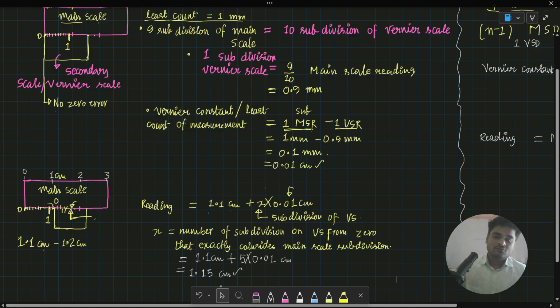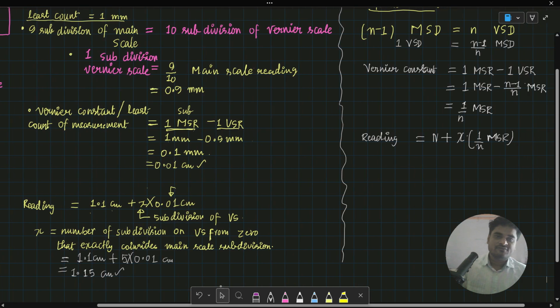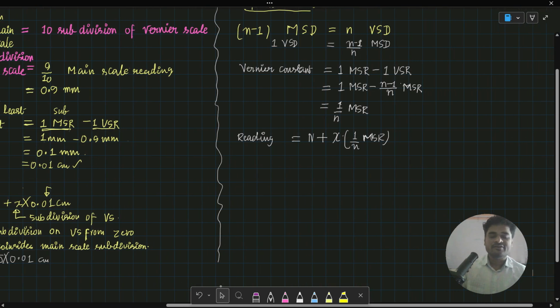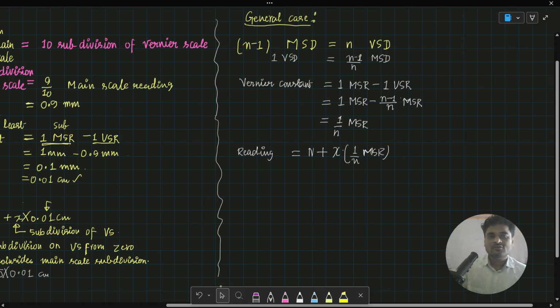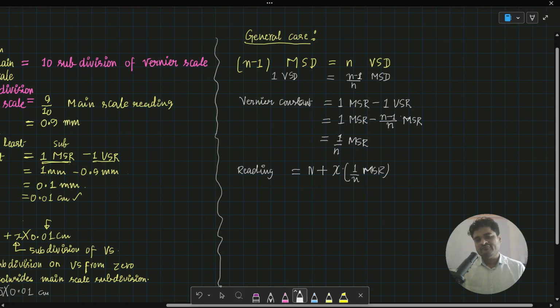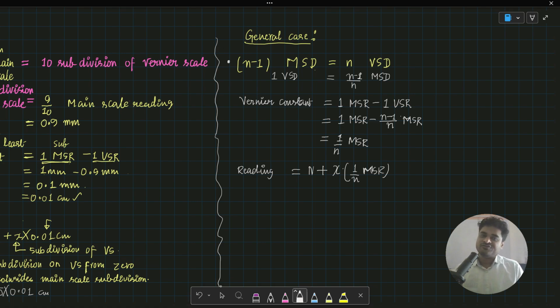So what do we do with the general case? The idea remains exactly the same. We take n minus 1 subdivisions of the main scale and equate with n subdivisions of the secondary scale, and from here we will get one secondary scale or vernier scale division, which will be n minus 1 divided by n into the main scale division.